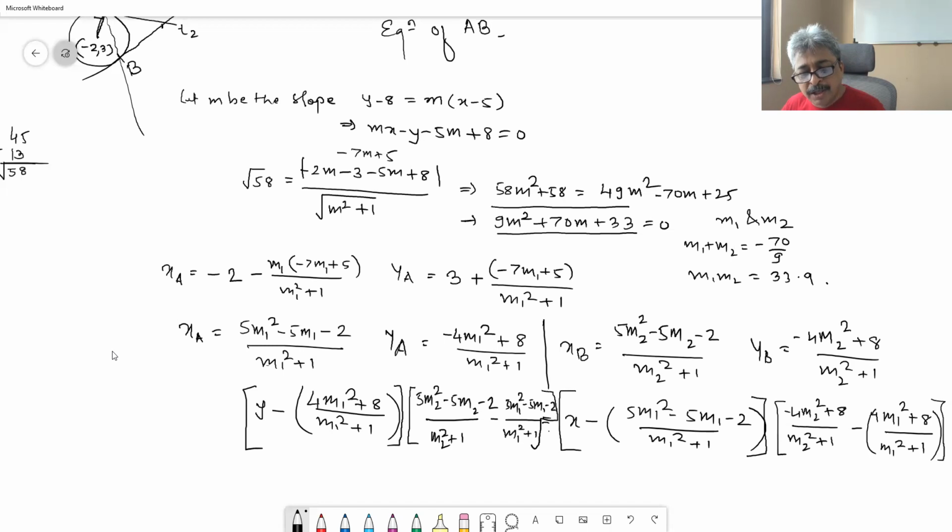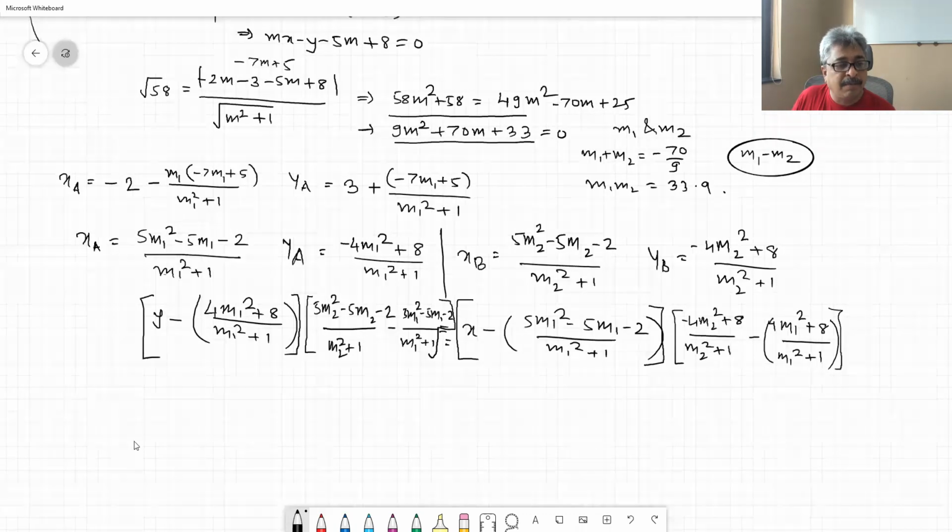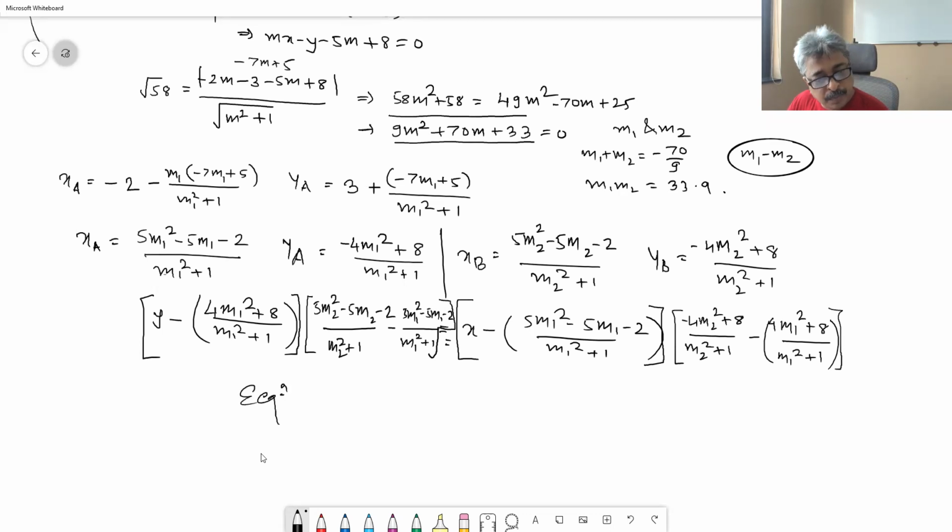Now this is where you can take up the job of simplifying and really dealing with m1 plus m2, m1 into m2, and you might require m1 minus m2 somewhere. So these three things are there, you can substitute, and I'm not going to spend time on that. If you simplify, you will get the final equation of AB, which comes out to be, tell me what, 7x?